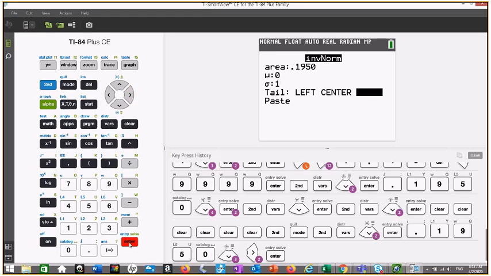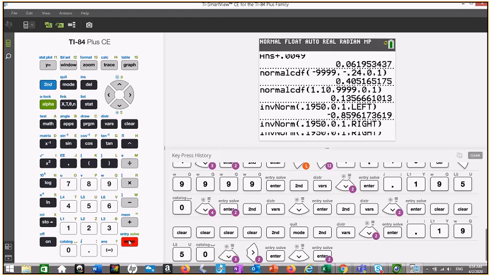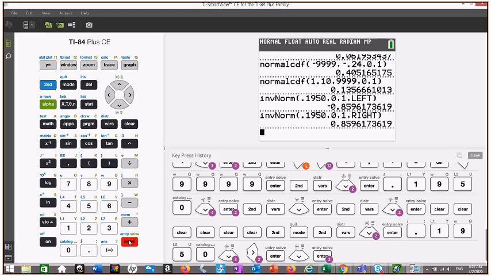Now, you could have done something else also, and I'm going to show you what that is. Paste. And it should be positive 0.86. And that's it. So your answer is positive or negative 0.86.